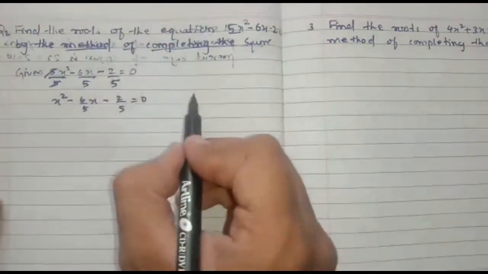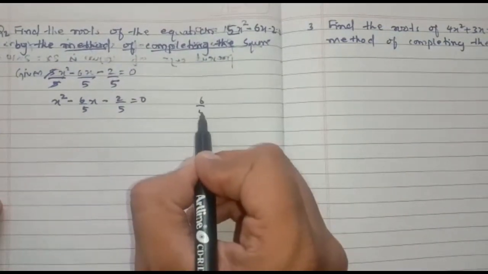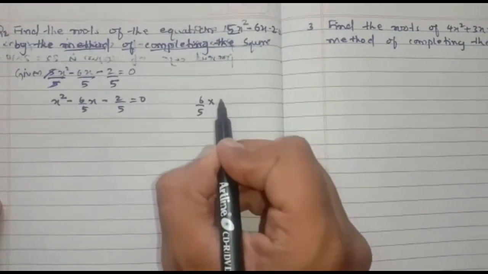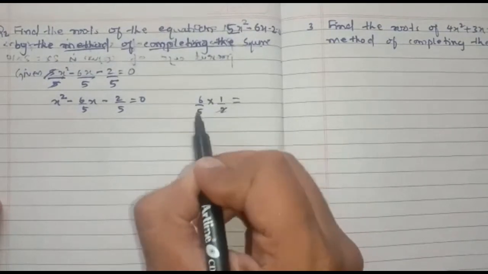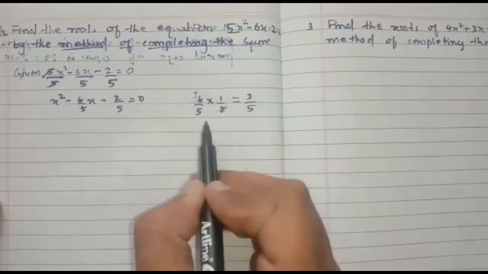The next step is 6 multiply coefficient of x into 1 by 2. 2 ones are 2, 2 threes are 6, so 3 by 5 will remain here.